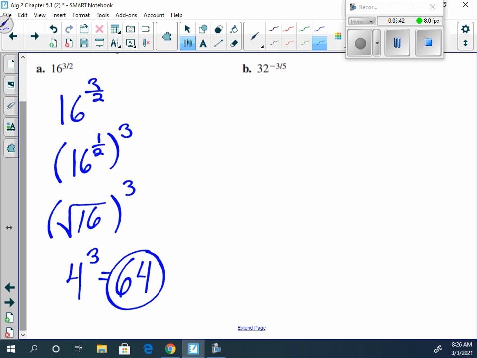32 to the negative 3/5. Now, we could do the same thing here and plug this into the calculator and get an answer, or we can work it out using these concepts. Because the exponent is negative, I can move it to the denominator, and when I move it from the numerator to the denominator, the exponent goes from negative to positive.